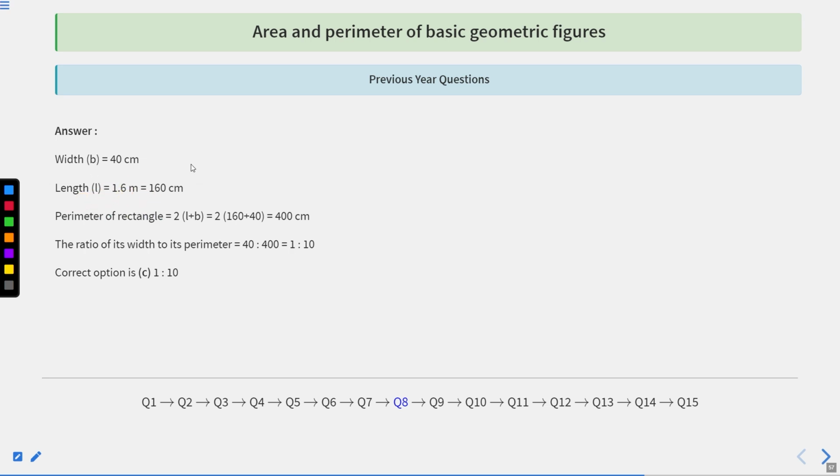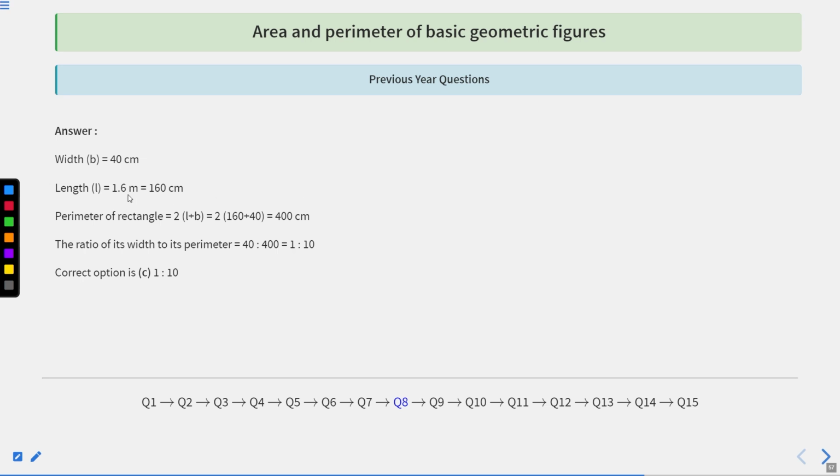One of these things must happen, then only you will get the correct answer. Otherwise, you will get an incorrect answer. So we choose to convert meters to centimeters so that we get rid of decimals. Nobody likes decimals in the solution or while calculating because it gets tedious sometimes.